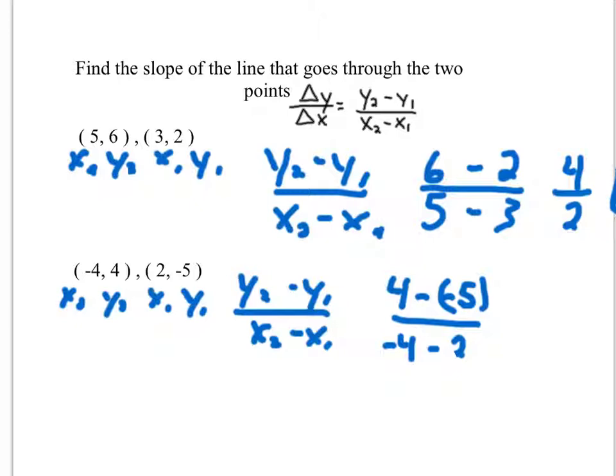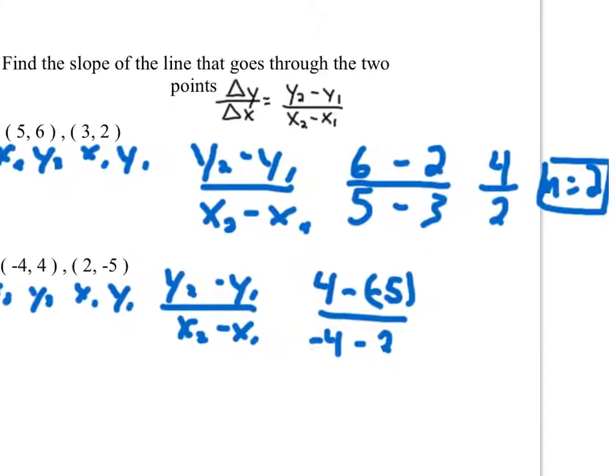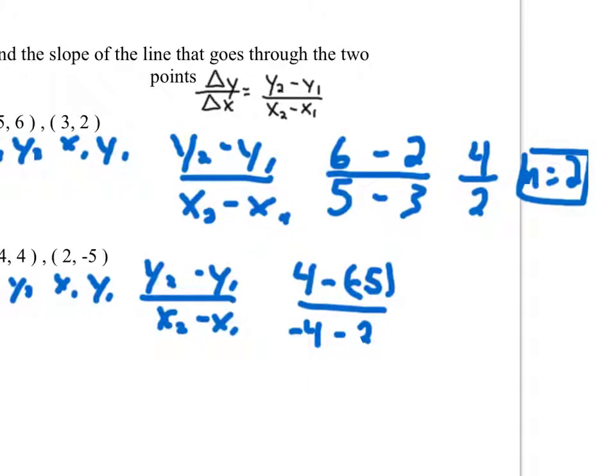Now this is one where it's probably going to benefit you to change it to addition. Alright, so I'm going to go ahead and change this one to addition just because of the minus negatives and things like that. So this is 4 plus the opposite of negative 5, which is 5, over negative 4 plus the opposite of 2, which is negative 2.